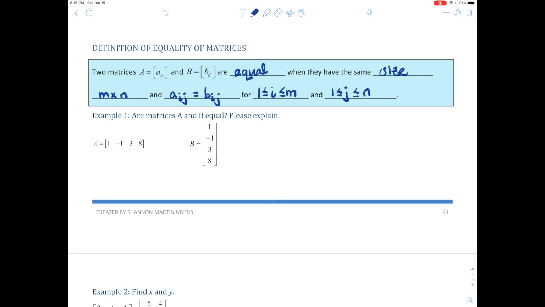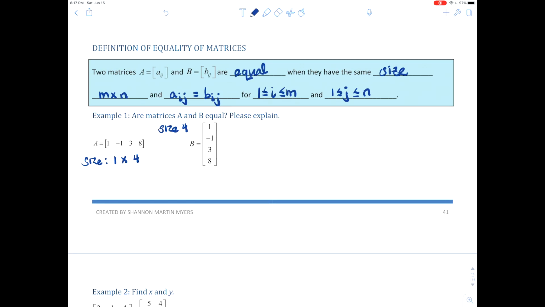All right, so example 1: are matrices A and B equal? Please explain. So matrix A, what do you think? What size is matrix A? Good. We have 1 row and 4 columns. Cool. And then B is size?